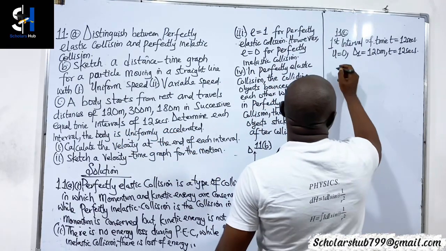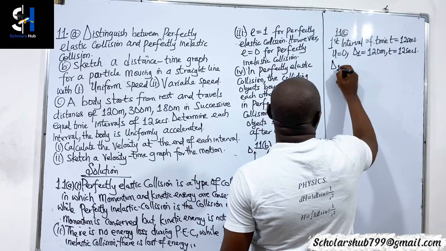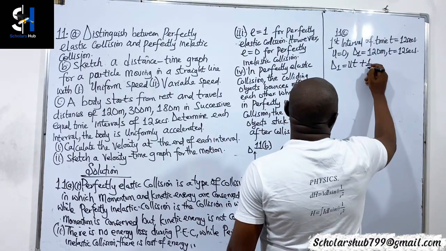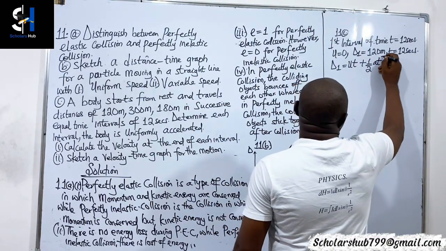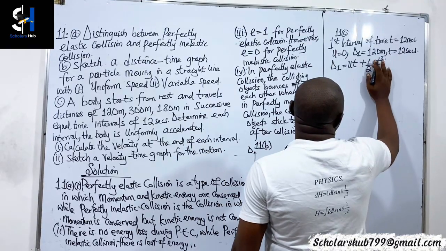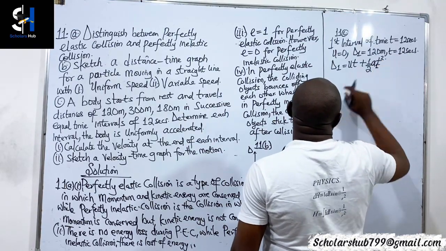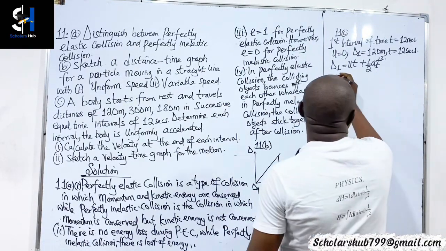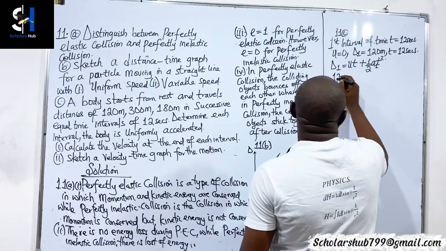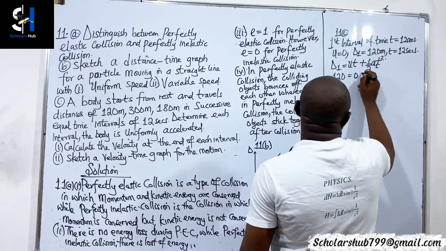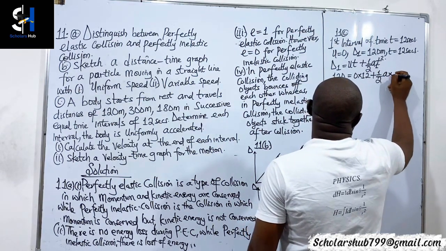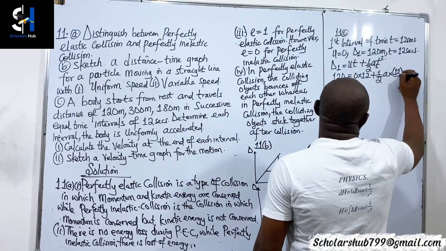In this case, we're going to make use of the formula d equals ut plus 1/2 at squared. During the first interval of 12 seconds, we have a1. The first distance is 120. This will be 0 multiplied by 12 plus 1/2 of a multiplied by 12 squared.